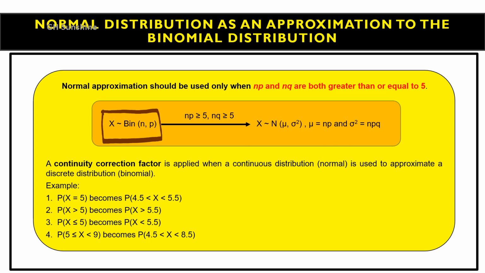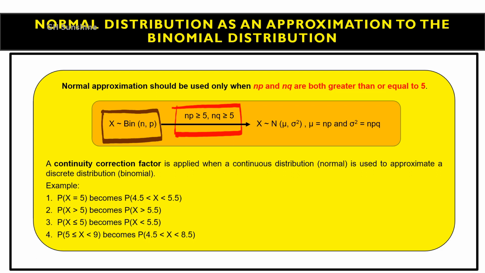So normal distribution can be used if and only if np and nq are both greater than or equal to 5. So please remember these two conditions.